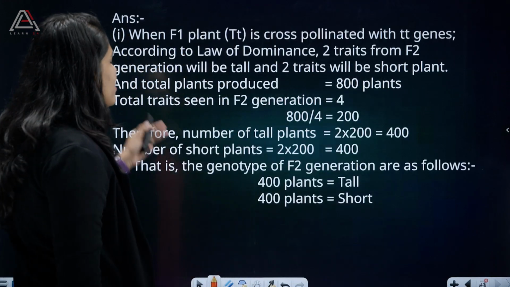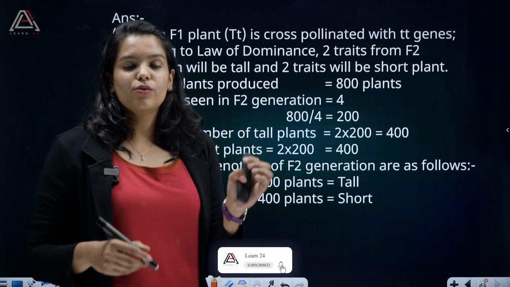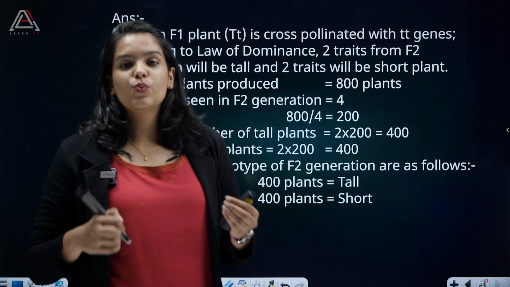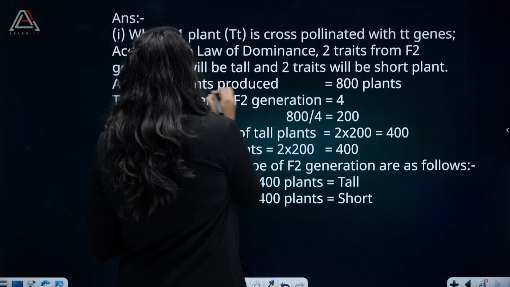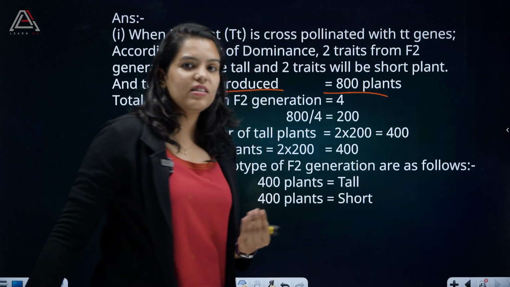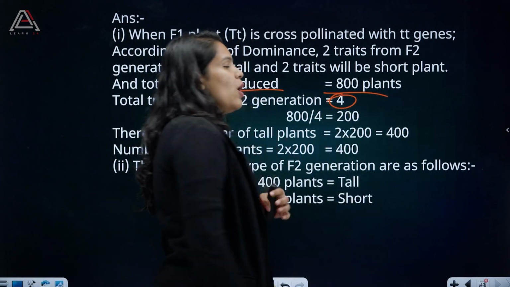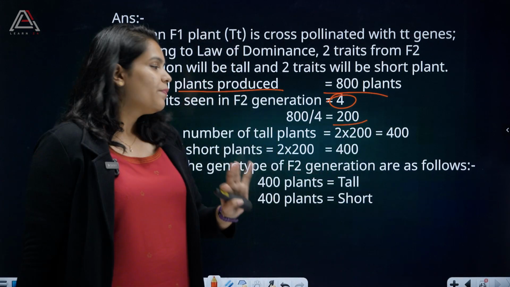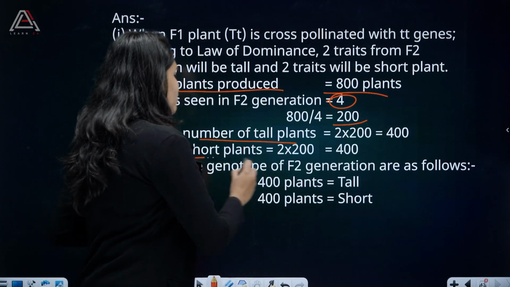So in the answer, they have given you the condition that 800 plants are produced. In that, how many plants were tall and how many plants were short, right? So just explain by writing that the total plants produced were 800, and the number of traits seen in that cross was 4. When we divide that, you will get the answer 200. Now they have mentioned the number of tall plants and the number of short plants.